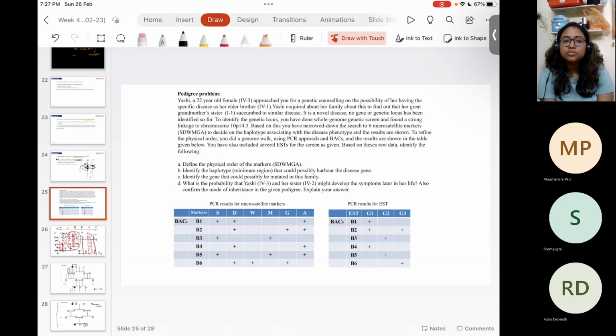Tomorrow there will be one session, and the day after tomorrow there will be one session. If you have any queries, do take that opportunity to ask them. If those queries are not coming to you today, you can ask them tomorrow and the day after tomorrow. Anything else?